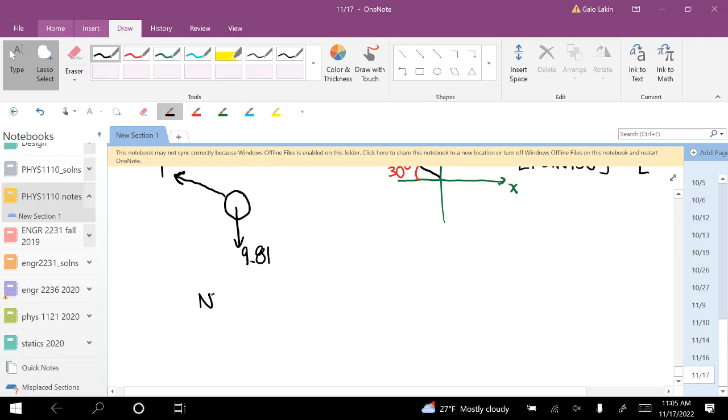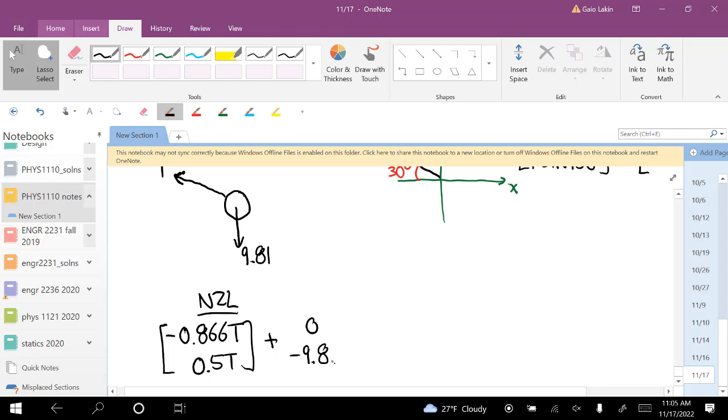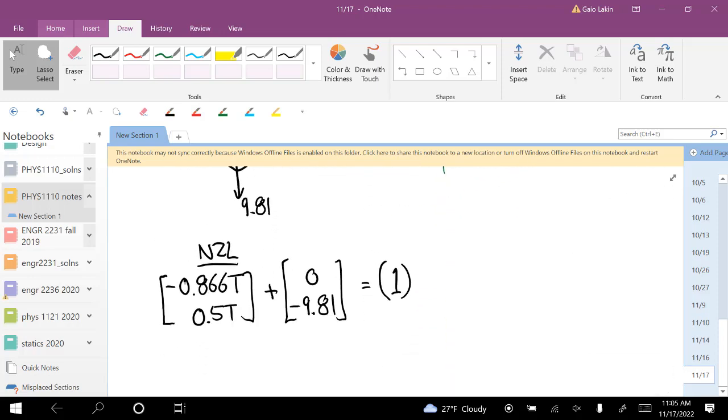And so now we can write out Newton's second law. We have that cable force that we just figured out, negative 0.866 T, positive 0.5 T, plus the weight force, 0, negative 9.81, is equal to the mass, 1 kilogram, times what we know of the acceleration so far. So that's negative v squared over 1.732, and then 0 for y.